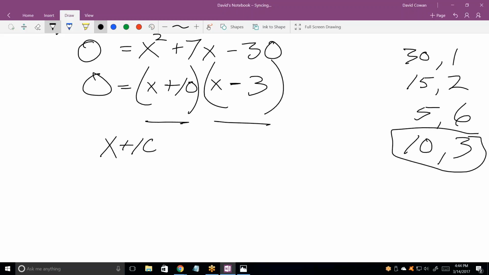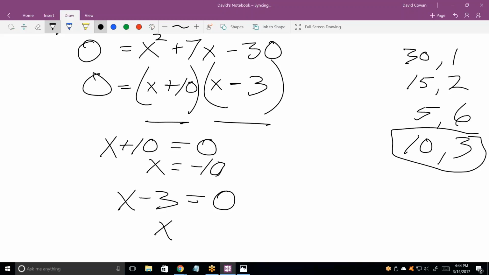So I'm going to set x plus 10 equal to 0 and solve it. And I'm going to set x minus 3 equal to 0 and solve it. So my solutions are x equals minus 10 and x equals 3. Make sure you understand what I did there. This is very important for algebra.